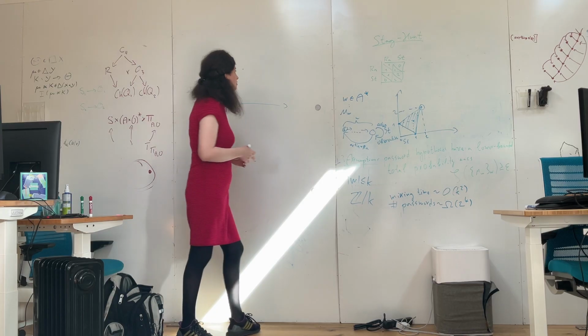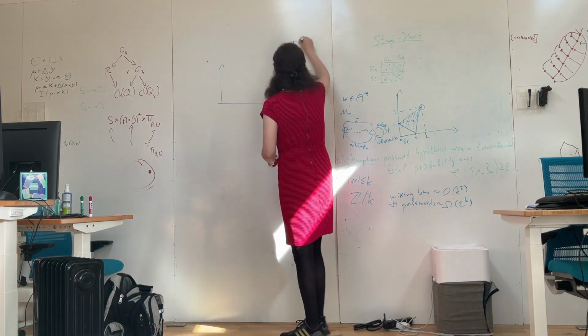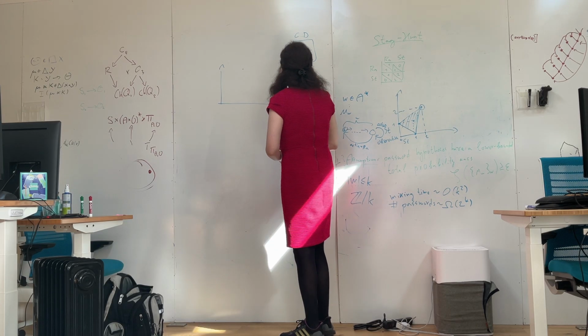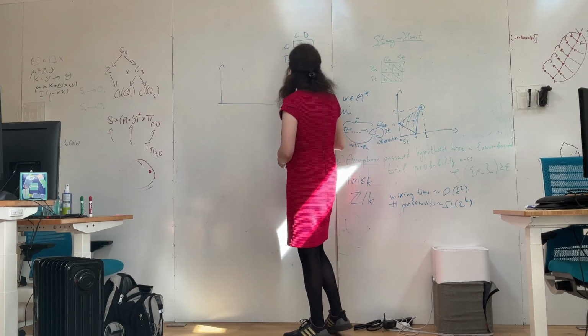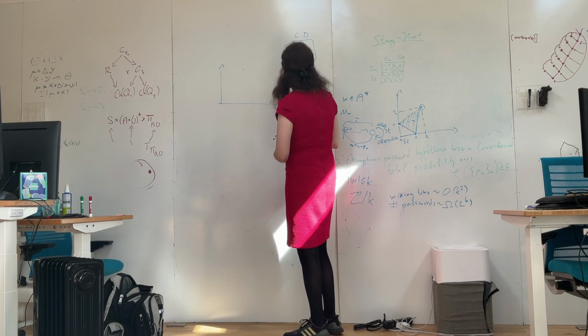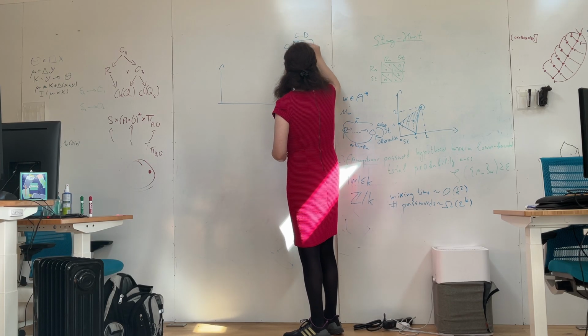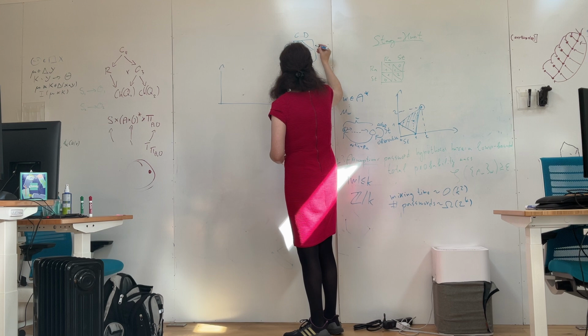Cooperate and defect, right? We have the payoff matrix: cooperate-defect, cooperate-defect. Let's say if both cooperate, it's 2, and if one cooperates and the other defects, then the defector gets 3 and the cooperator 0, and if both defect, we get 1.